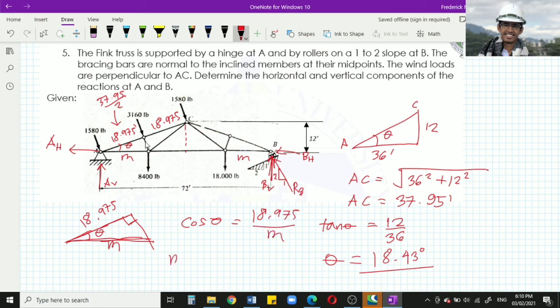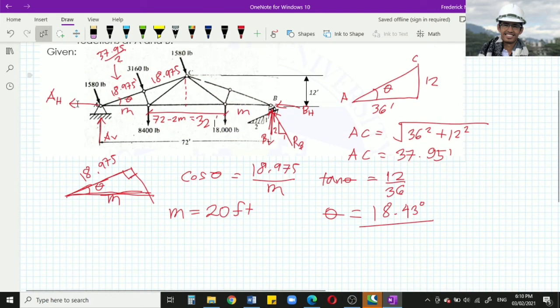So solving for M, M will be equal to 20 feet. So alam na natin yung value ng ating M. So yung value natin dito will be 72 minus 2M. That will be equal to 32 feet.